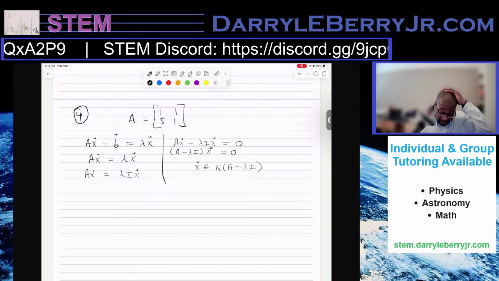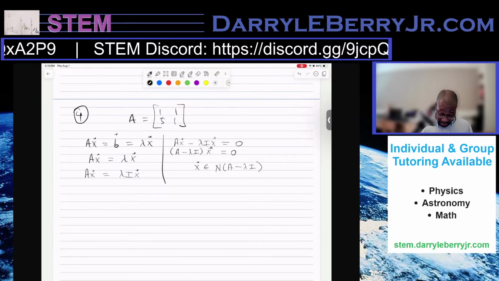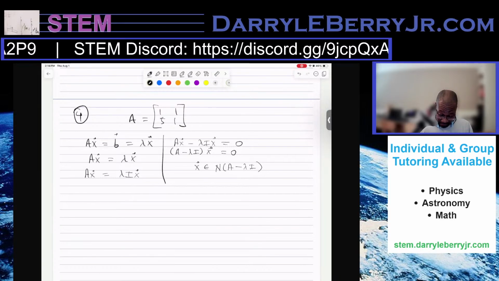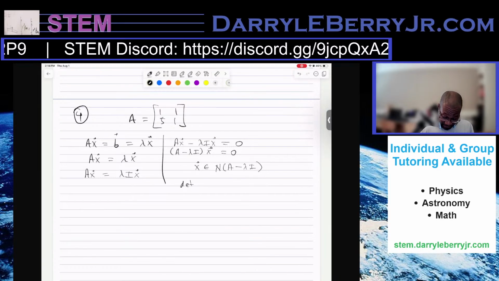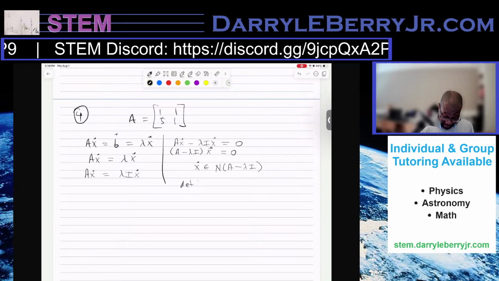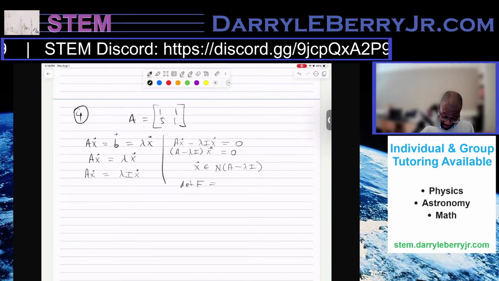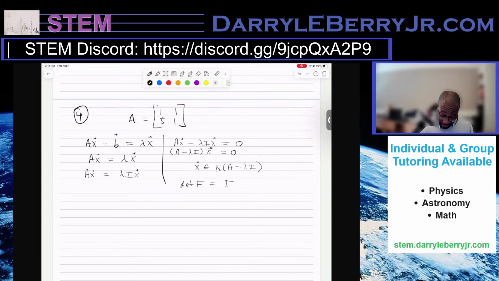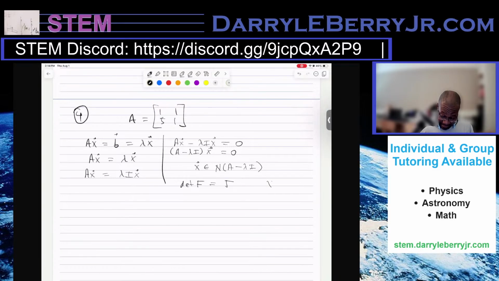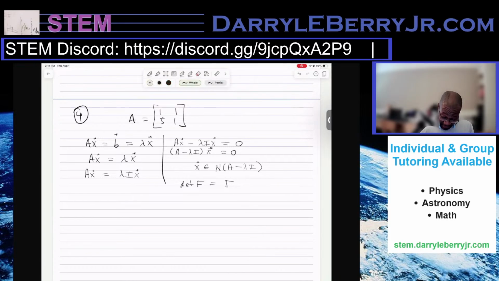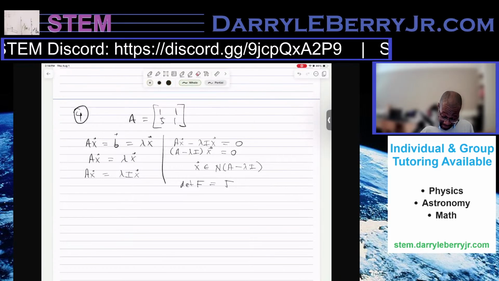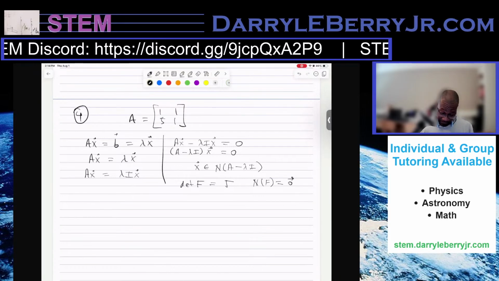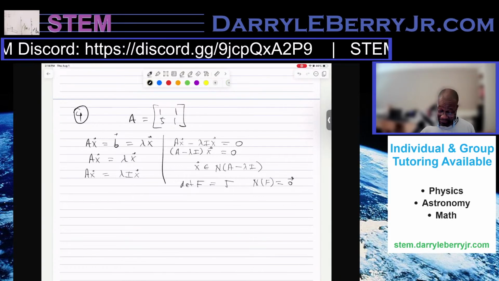And the way the null space works with the determinant is, if the determinant of anything, I'll just pick a different letter, if the determinant of F equals something other than 0, like if it equals 5, then the only thing that's going to be in the null space is 0. If the determinant of F is 5, then the null space of F is only going to be the 0 vector, which means we will never be able to solve any problems because everything will be a 0 vector.